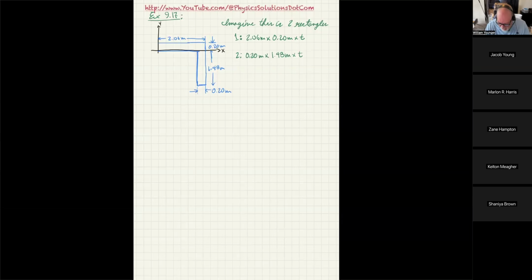Okay. And really, what the mass of one is would be 2.06 meters times 0.20 meters times T times the density of the material.